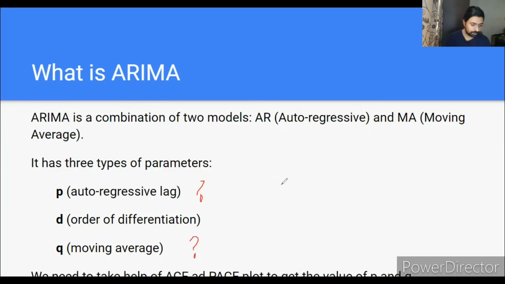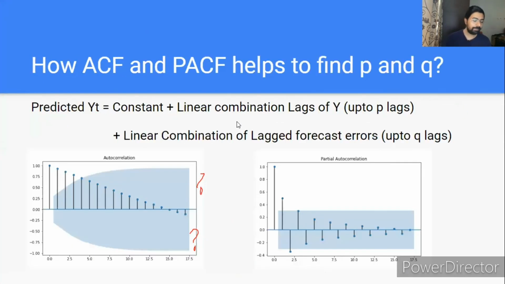Then we'll use the ACF and PACF. We can plot the PACF and ACF like this. I will show how you can do it using Python, but let's see that you can achieve these two plots.